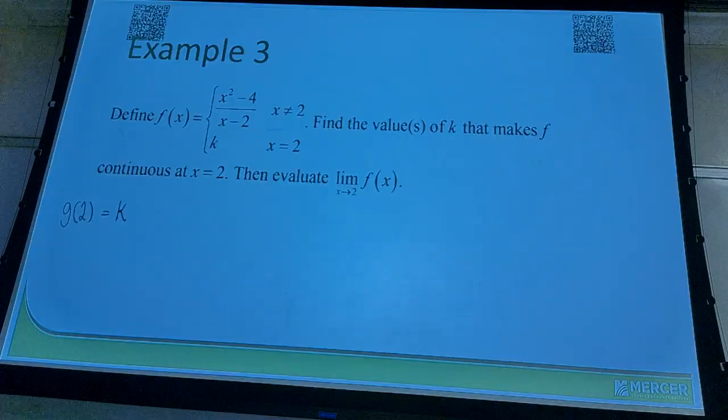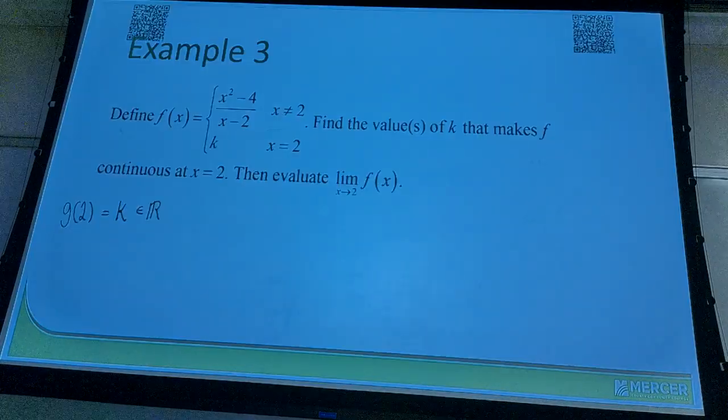G of 2 has to equal k, and it has to exist. So we know right away k is going to have to be a real number. Okay, well that's good. That condition is checked off.